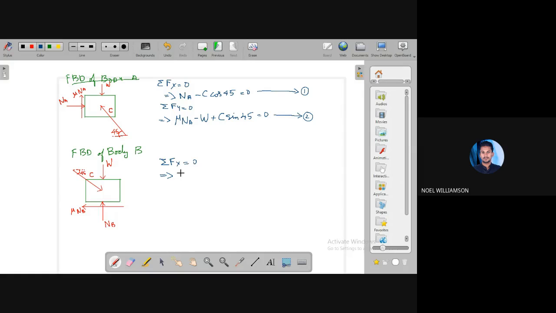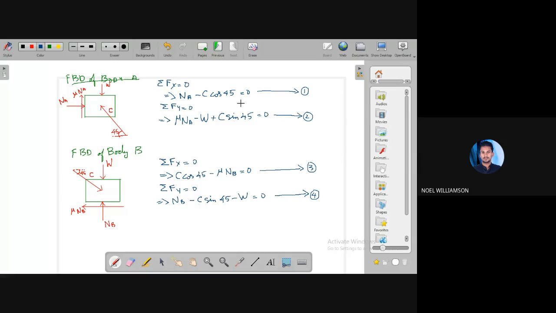C cos 45 minus mu NB equal to 0. It will be equation number 3, and sigma Fy equal to 0 implies NB minus C sin 45 minus W equal to 0, equation number 4. Okay, so altogether you will get 4 equations.